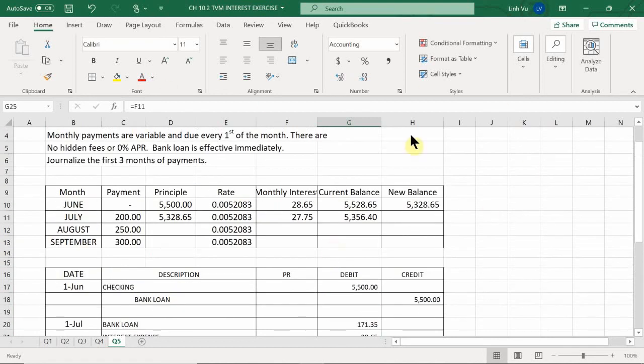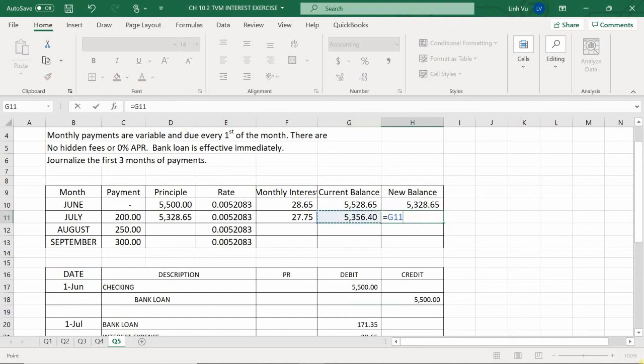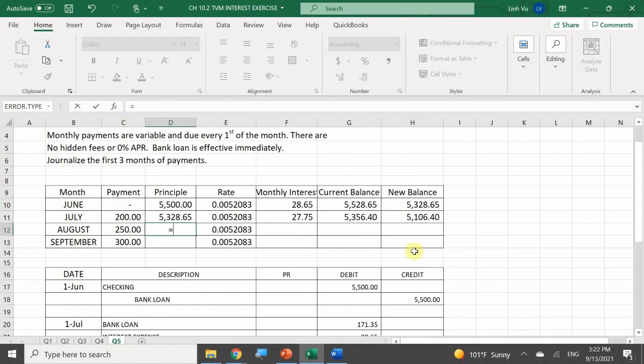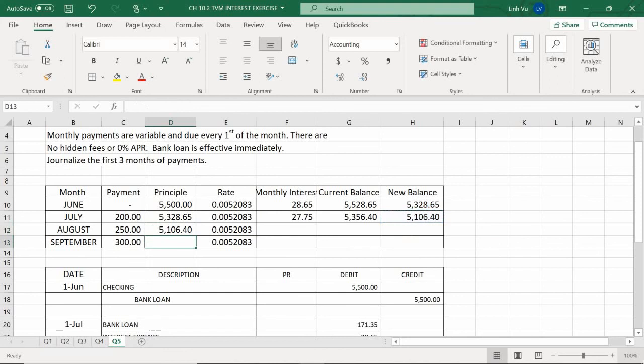So therefore, my new account balance is going to be this, subtract my payment of the $250 to give me a new statement balance of the $5,106.40. So that means that's going to become my new principal. Okay? So on and so forth.